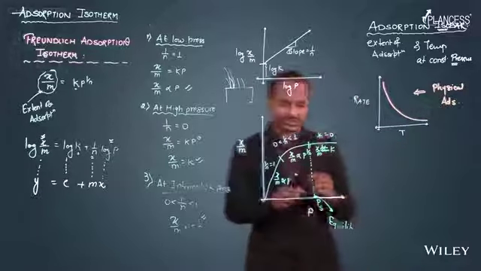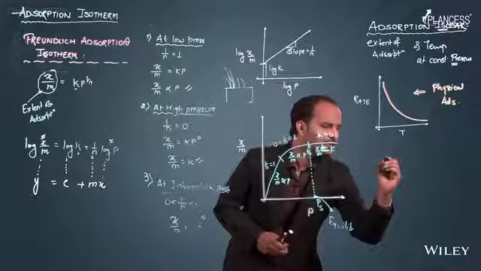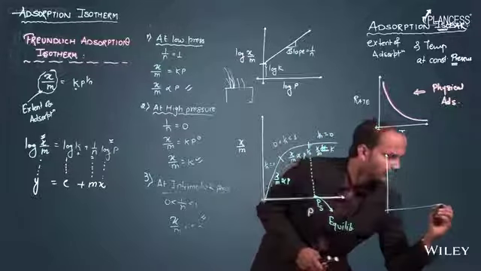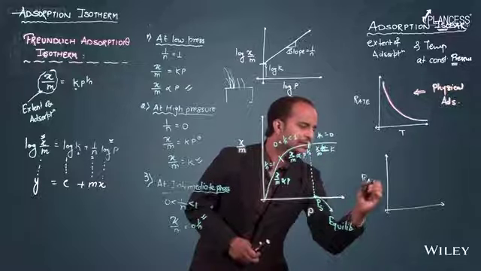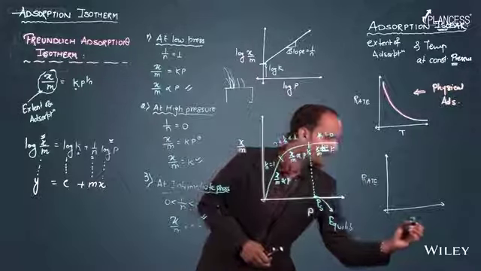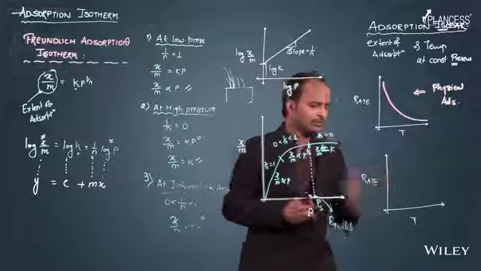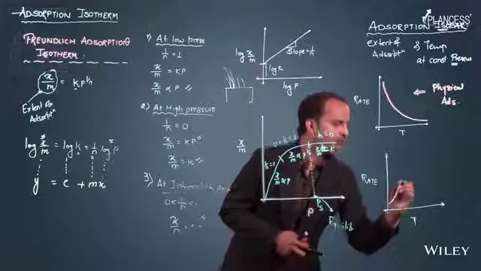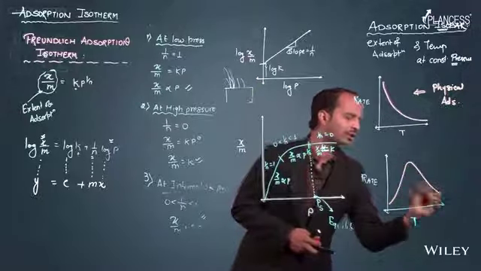Now what happens in case of chemical adsorption? Chemical adsorption requires activation energy to start the process. Again, it's rate versus temperature in Kelvin. In case of chemical adsorption, first the rate of adsorption increases with the increase in temperature up to a certain temperature, and then beyond this the rate of adsorption goes on decreasing.